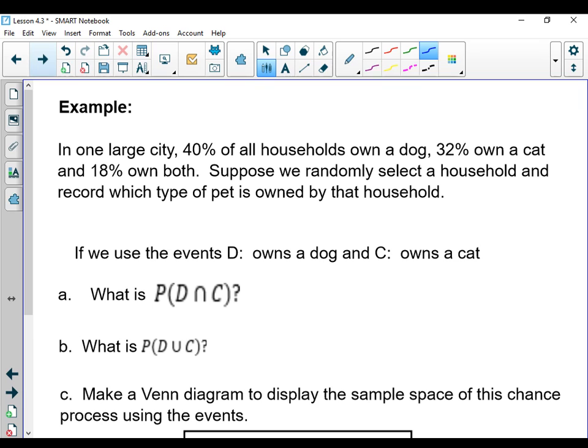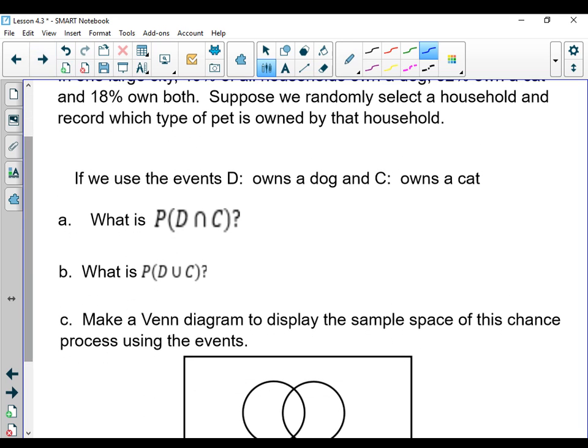So if we randomly select a household and record which type of pet is owned by that household, we want to answer these questions. Well, we're going to define D as owning a dog. We're going to define C as owning a cat. So the first one wants to know, what's the probability of D intersect C happening? Or in other words, what's the probability they're going to have a dog and a cat?